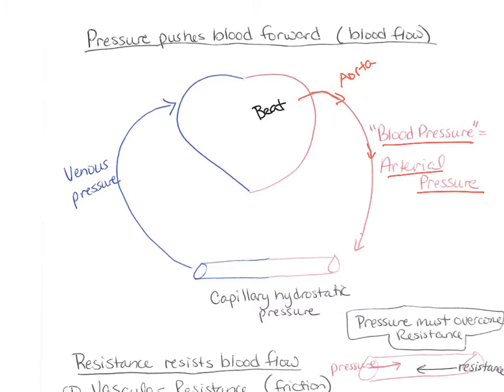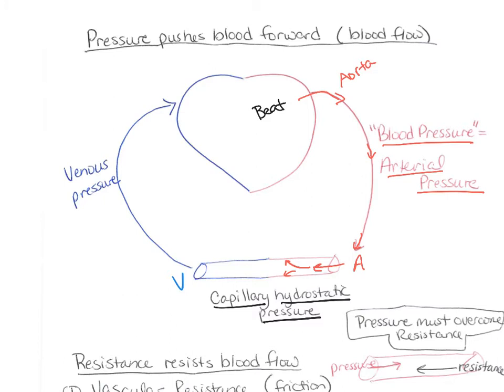Then the blood flows into the capillaries. In the capillaries, we have the arterial end and the venous end. There's a certain amount of pressure in those capillaries as the blood pushes against the walls, and we call that the capillary hydrostatic pressure.